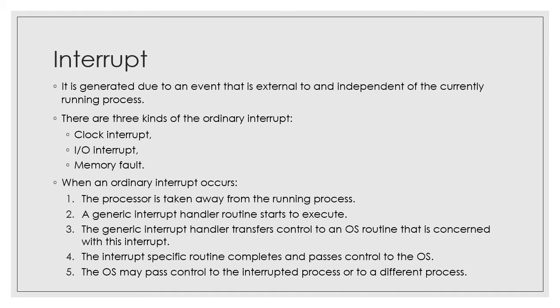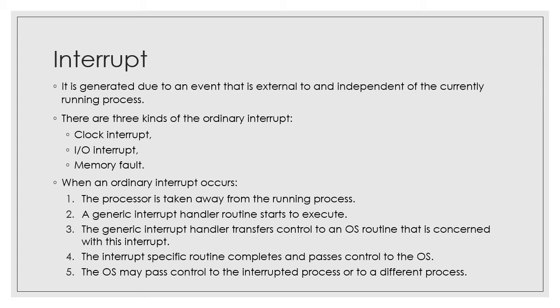The ordinary interrupt is generated due to an event that is external to and independent of the currently running process. The running process has not generated the interrupt. The interrupt has occurred due to something other than the running process. There are three kinds of the ordinary interrupt: clock interrupt, IO interrupt, and memory fault.